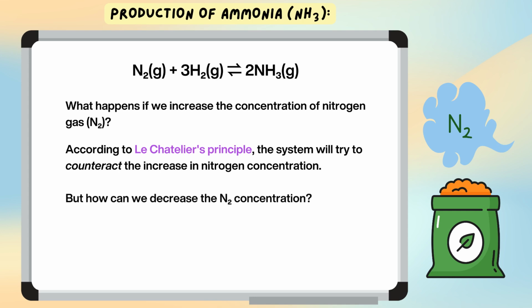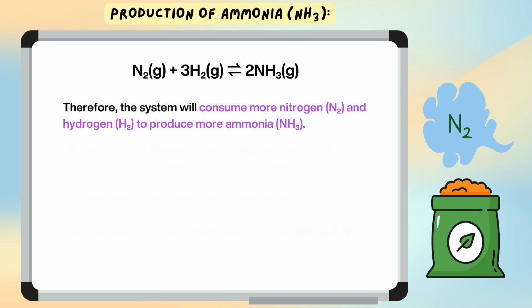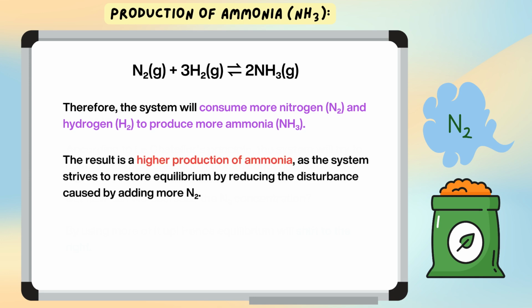But how can we decrease the N2 concentration? By using more of it up. Hence, equilibrium will shift to the right. This means the system will consume more nitrogen and hydrogen to produce more ammonia. The result is a higher production of ammonia, as the system strives to restore equilibrium by reducing the disturbance caused by adding more N2.